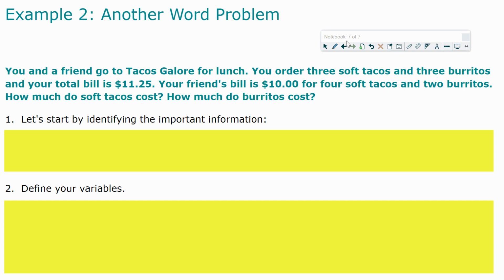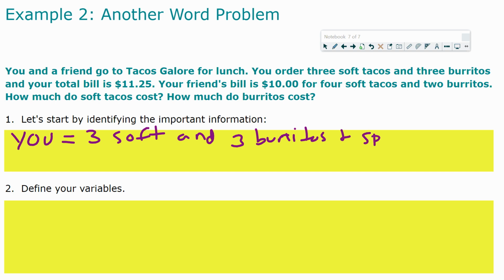So you ordered 3 soft and 3 burritos, and spent $11.25.